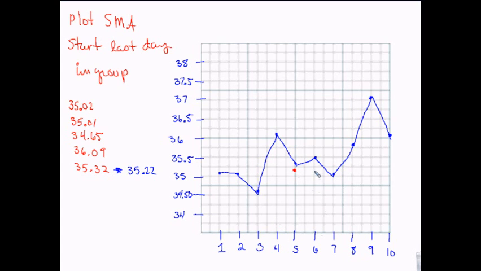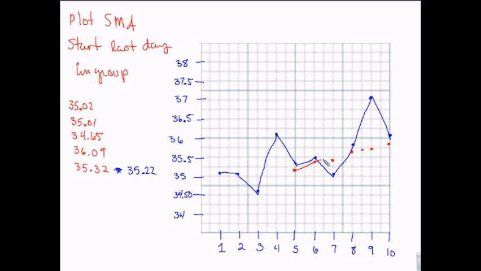And then 35.31, so I'm just a little bit above here. 35.32, so basically almost the same place. Then 35.55, so a little bit above that. And then 35.74, so almost to there. And then 35.89, so kind of above that.